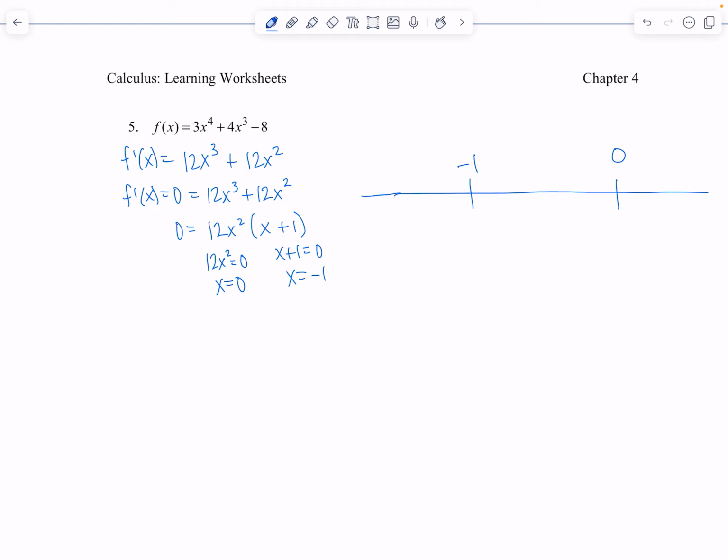So on the negative side of -1, we'll look at -2. In between -1 and 0, we'll look at negative 0.5. And on the other side of 0, since we're looking at -2, we can look at +2, I suppose.